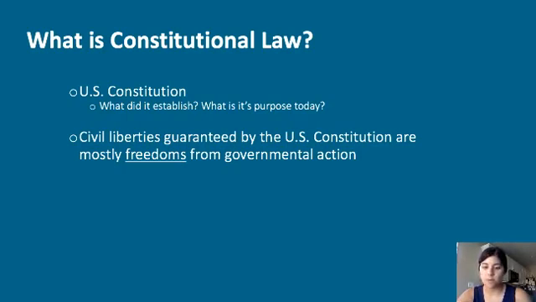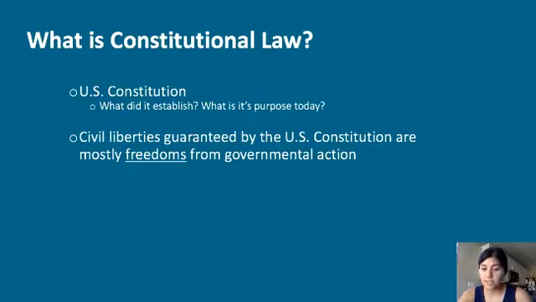This is where we get things like freedom of speech, freedom of religion, which we'll talk about next week. But essentially that's what the Constitution set out to do. It established our government and our separation of powers, and then it provided some of these embedded protections or freedoms from governmental action.